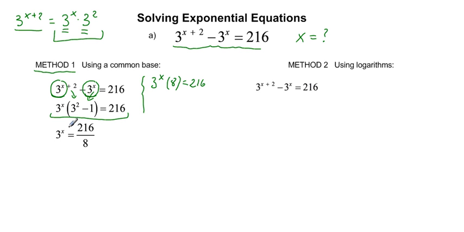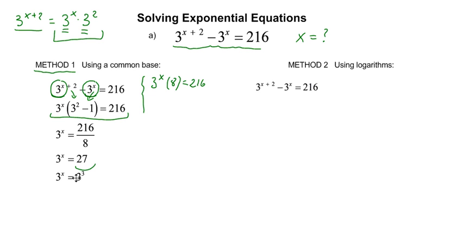So find 3 to the power of x by dividing 216 by 8. When you divide it, you see that 3 to the power of x is equal to 27. And now by inspection, you can solve it for x, because x is equal to 3.